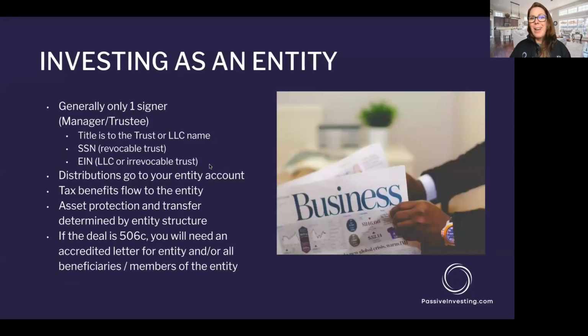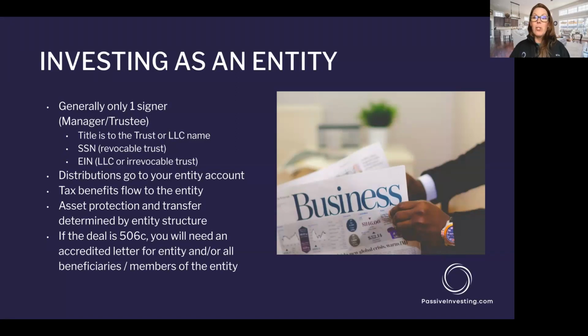All right, now we've got investing as an entity. Generally, when you invest as an entity, there's only one signer, and it's generally going to be either the manager or the trustee. So the manager of the LLC, or if you're investing through a trust, one of the trustees. The titling is going to be to the trust or LLC name.